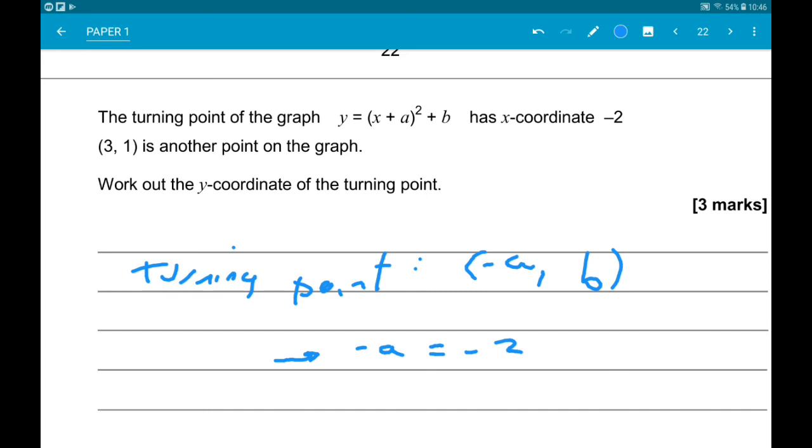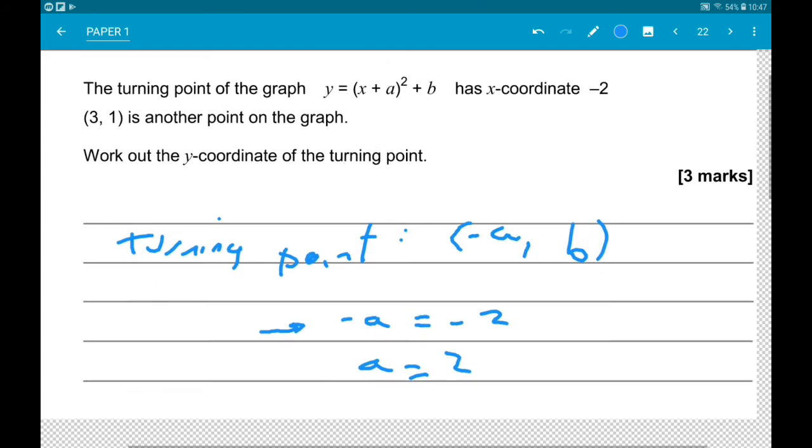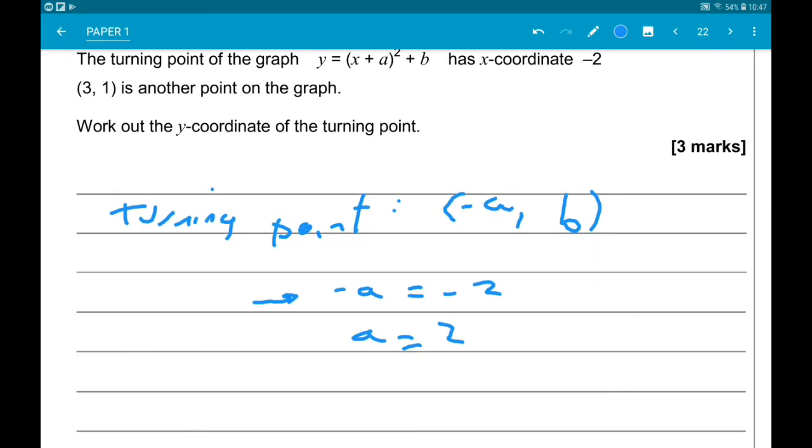So a is 2. So from that, we now know y is x add 2 squared add b.